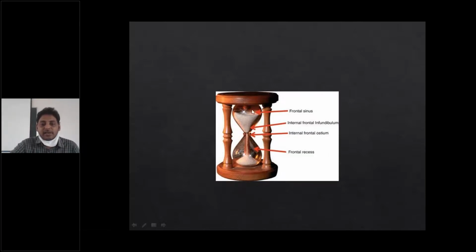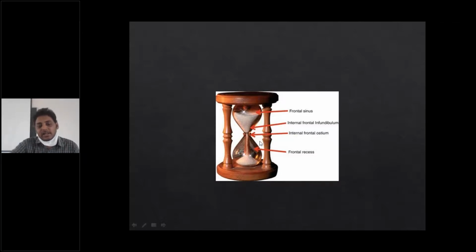The frontal sinus will be above, and there is a narrow constriction which is known as the ostium, and here is the frontal recess below, through which the secretions of the frontal sinus drain through this ostium or infundibulum opening. This frontal recess opens into the middle meatus, and this shape is known as the hourglass appearance.